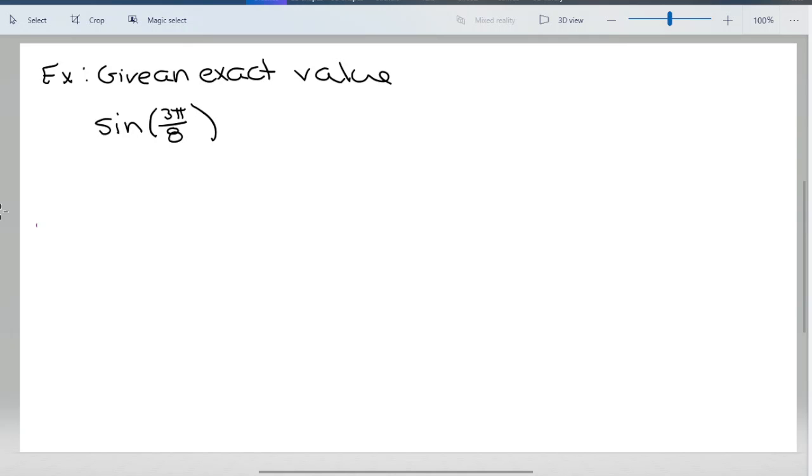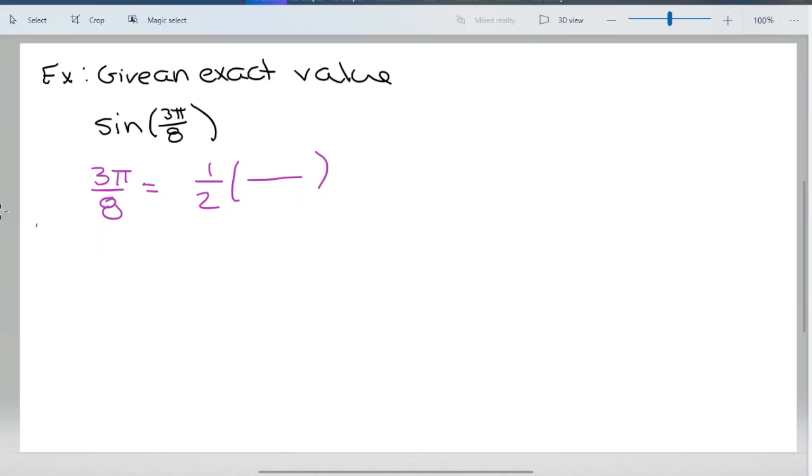We do still have the choice to use a sum or difference, but in this example, I want to try using a half angle. So I want to write 3 pi over 8 as 1/2 of another angle. Remember when you multiply fractions that you're multiplying straight across.